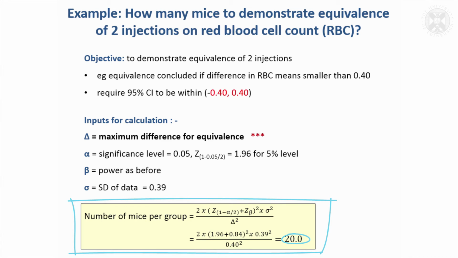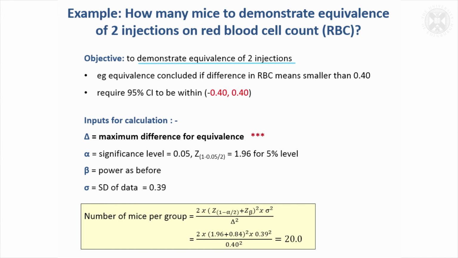So with 20 mice per group, we can be 80% certain, we've got a power of 80%, of showing that the 95% confidence interval for the difference between the treatments is going to be within minus 0.4 and 0.4. When we're in that situation, we'll be able to conclude that the two injections were equivalent.